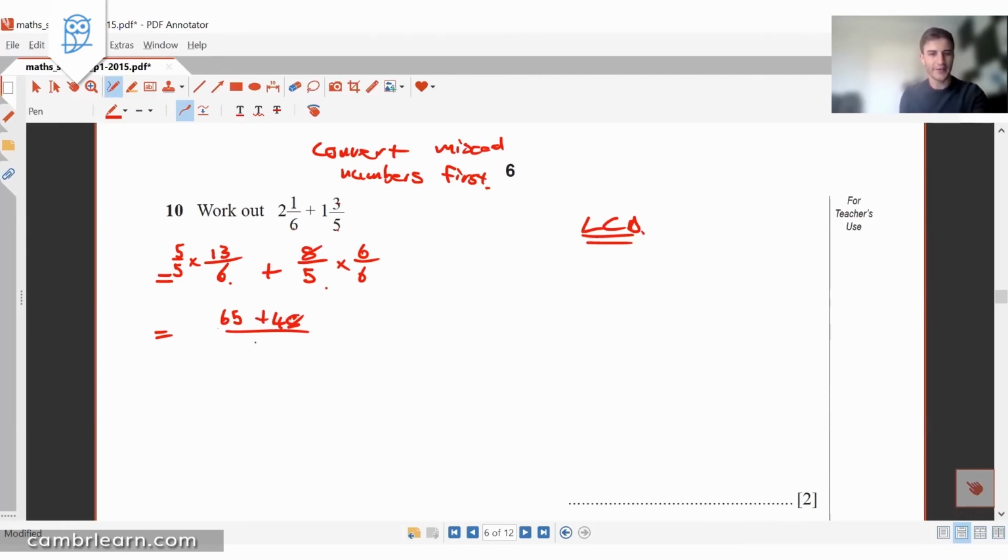Obviously not necessary to use a calculator, but I'm just doing this very quickly. Okay, and this is equal to 65 plus 48. Just to do it very quickly, so we have 113 over 30. Okay, so that looks good, 113 over 30. So we can actually convert this back to a mixed number, but they don't specify, so I'm just going to leave this as an improper fraction. Okay, so there we go, our 2 marks. Okay, looking good.